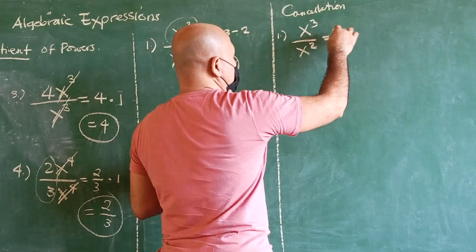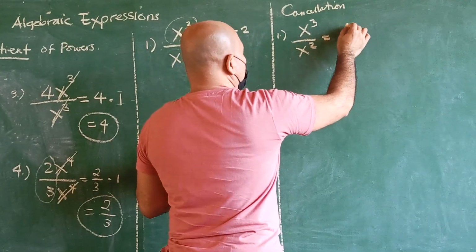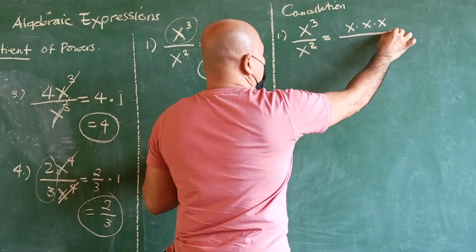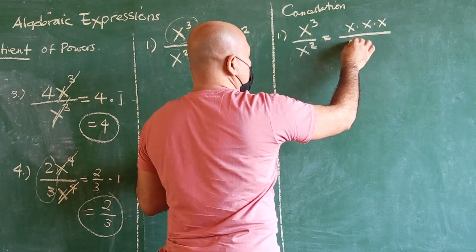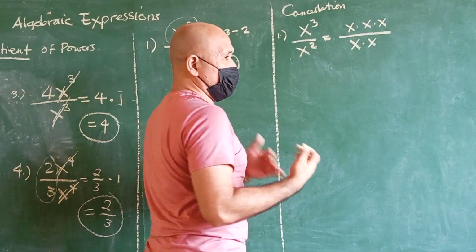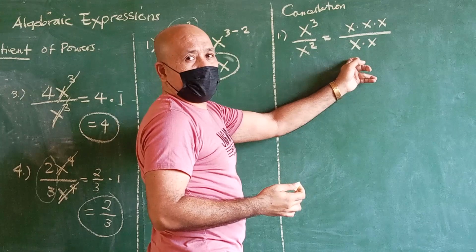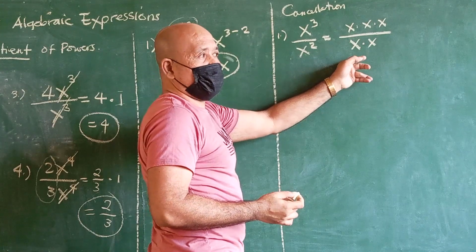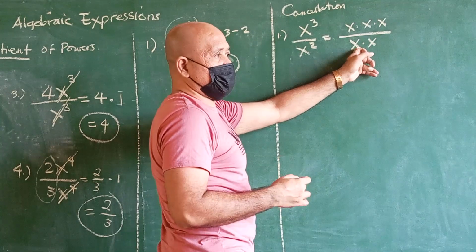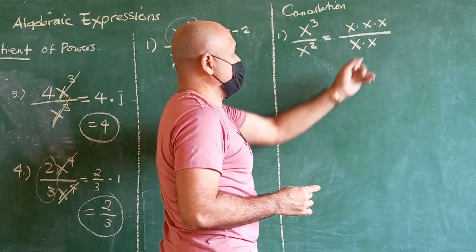That means x cubed is derived from x times x times x, and x squared is a product of x times x, because when we multiply the same bases, the idea is to copy the common base as a single base and then add their exponents.